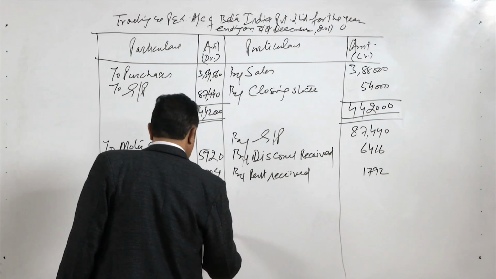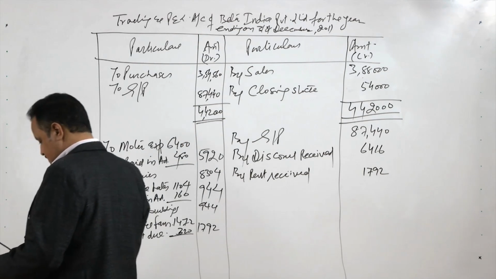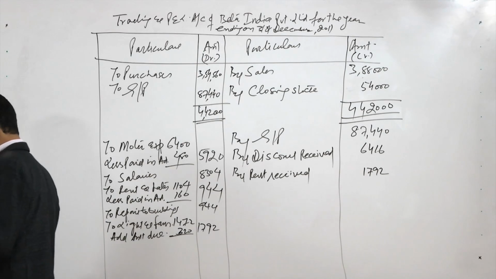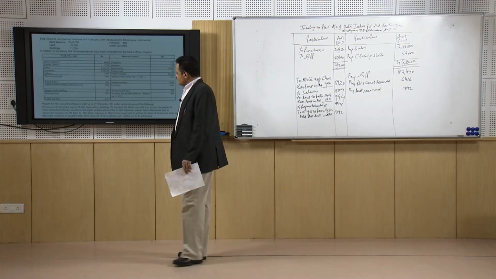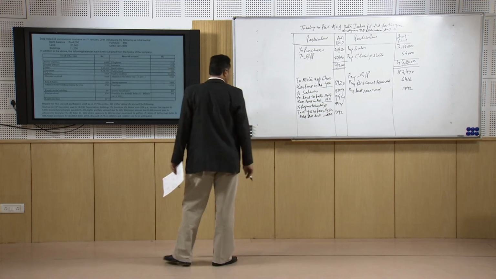So, this is 2 9, then it is 7. So, 1792 is the expenditure for light and fans.